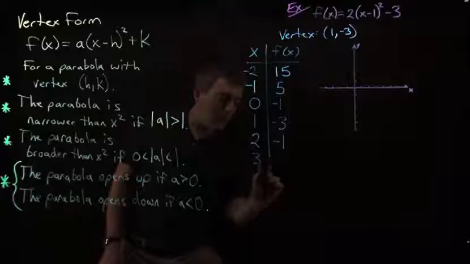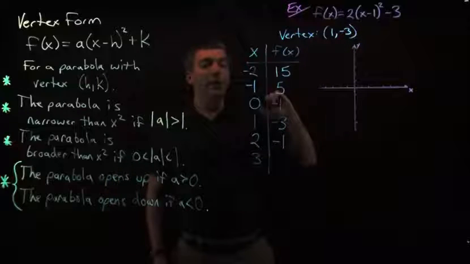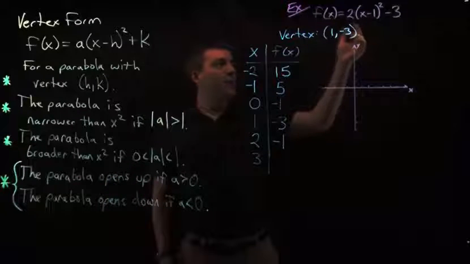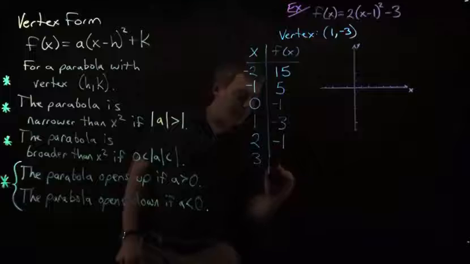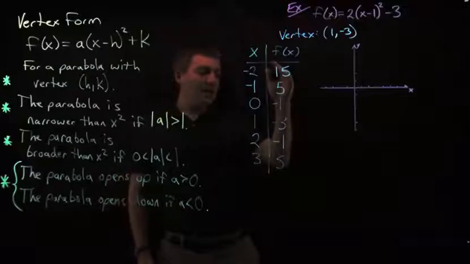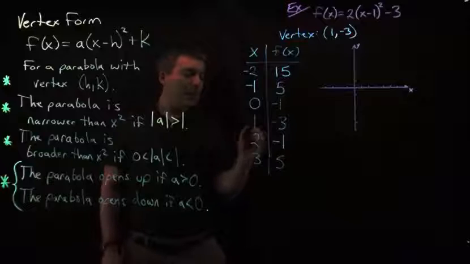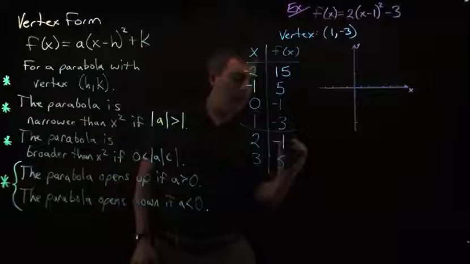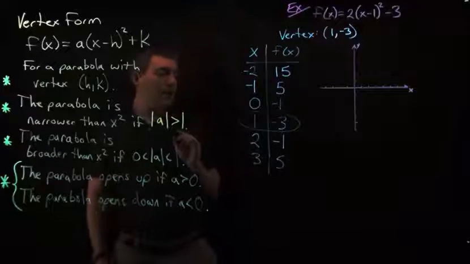3. 3 minus 1 is 2. 2 squared is 4. 4 times 2 is 8, minus 3 is 5. We can kind of see the symmetry that's happening here. We have the point 1, negative 3.